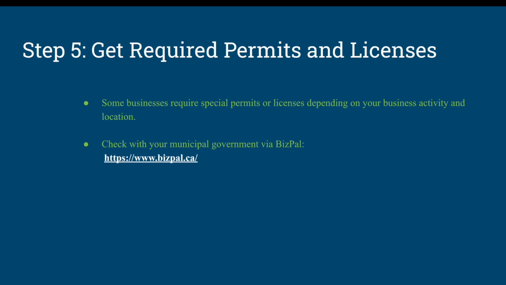So this is very crucial as well. If your business requires certain permits from the government or licenses, then you can check with your municipal government via BizPaL, where you can ask for the permits and licenses which you require.